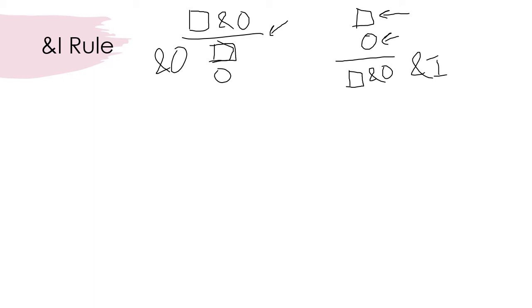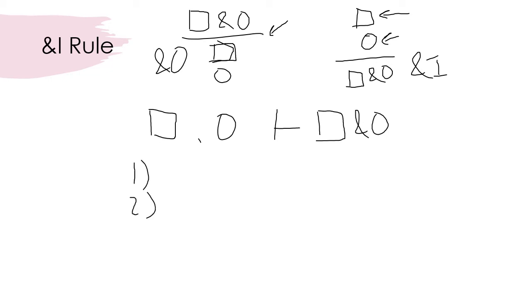So again, using our squares and circles, say that if we were trying to prove this, we would start by listing our premises, which are square and circle, and we mark them as assumptions.